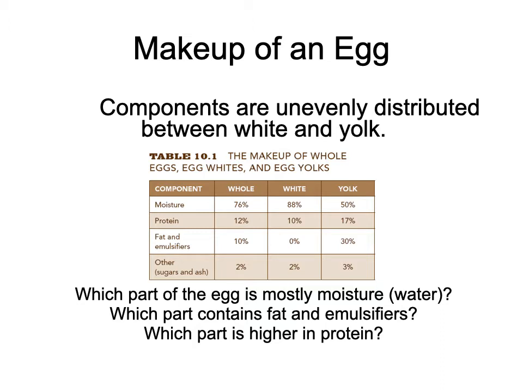The yolk actually has a lot of protein in it. And when it comes to fat, the white has no fat at all, and the yolk has 30% fat. And then, of course, when it comes to sugars and minerals, they vary just very slightly. So really, when it comes down to it, the two different parts of an egg have in many ways two different roles to play. And we use them separately in many baked goods.